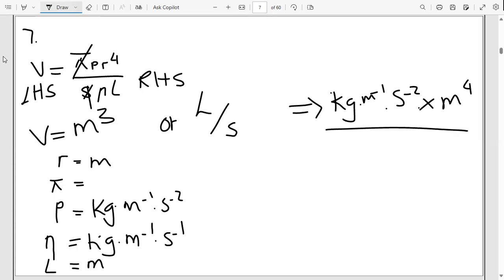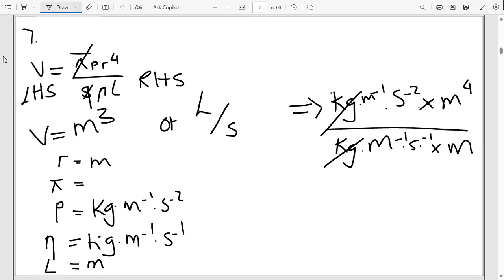And that is divided by the coefficient of viscosity, which is kg meter to the power minus 1, second to the power minus 1, multiplied by length, which is just m here. So we can see that some things can already cancel out. We have kg down here and kg on top, so these two can cancel out.